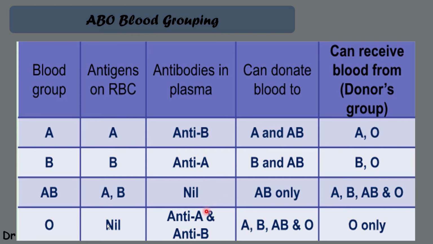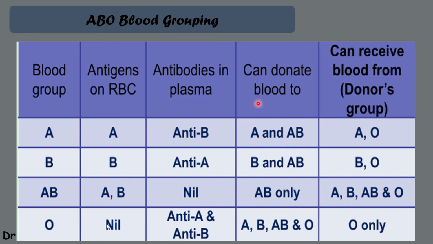So O blood group can donate blood to all blood groups because it does not have any antigen. And can receive blood from: it has both types of soldiers, A and B, and if A antigen enters, it leads to coagulation. If B antigen enters, it leads to coagulation.